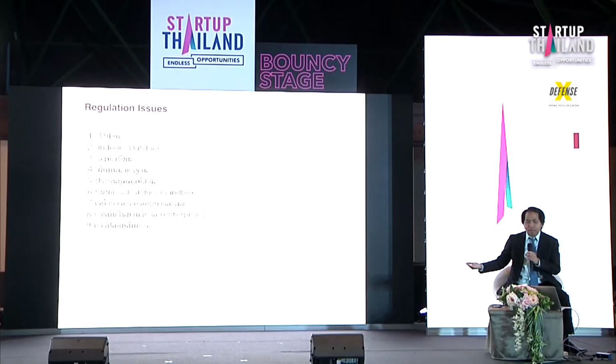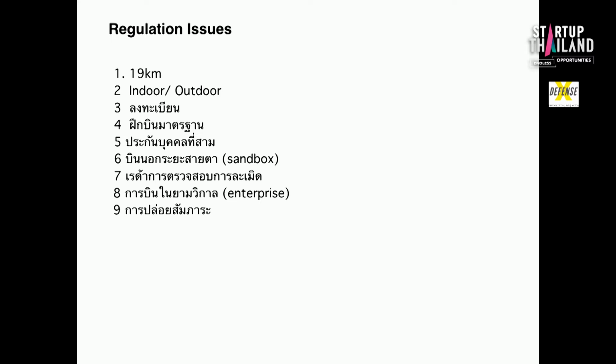Yep. Okay. To make things easier, in Thailand we now have a lot of problems, like the 19 kilometers from the center of Victory Monument where you cannot fly, right? So with the solution, if we open the area, many people would have a chance to use the drone for aerial photography, right?